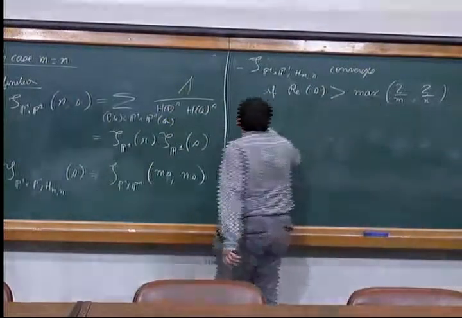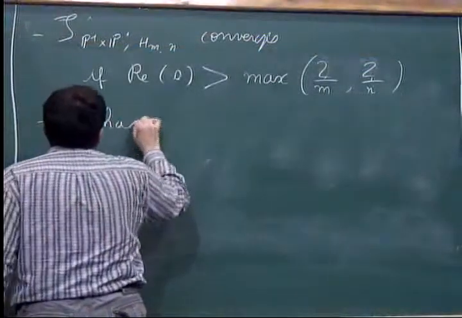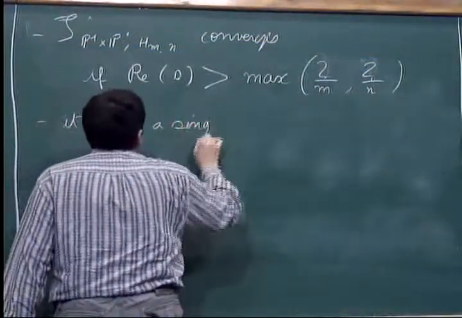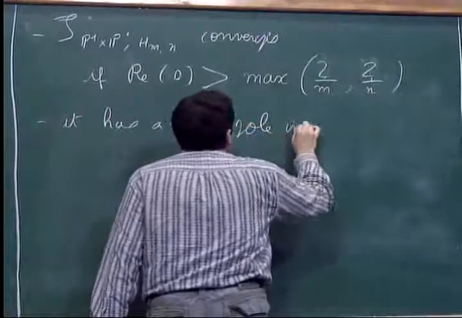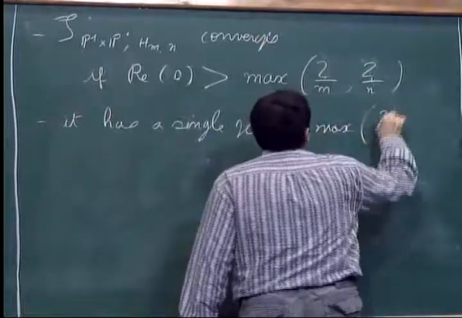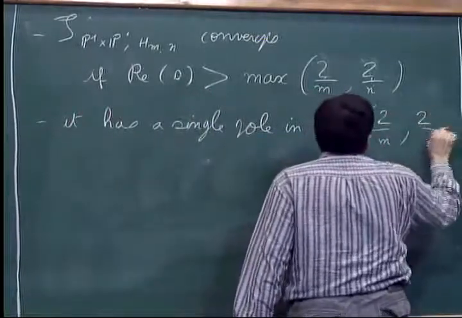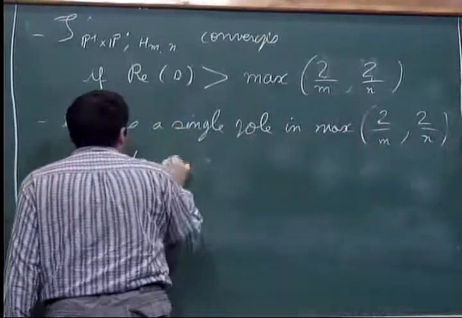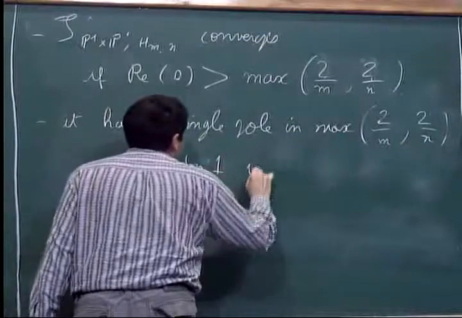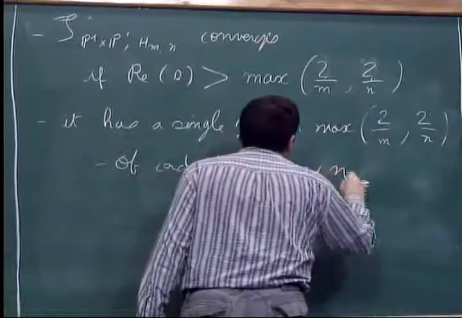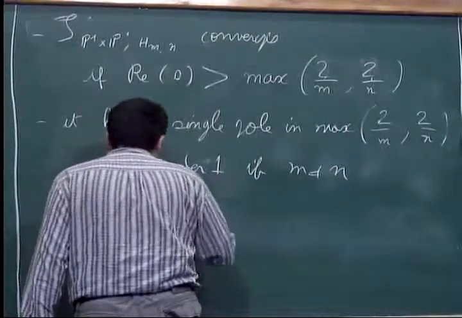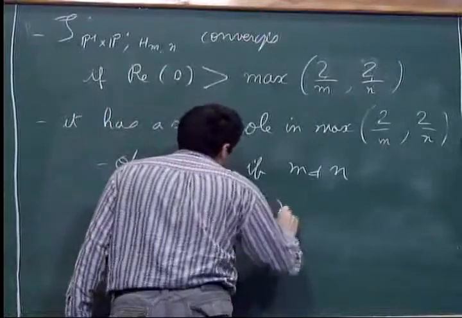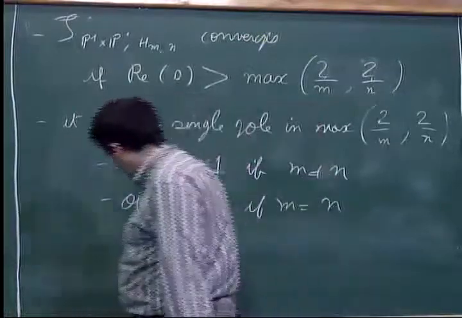Well, it has a pole in the max of 2 over m, 2 over n of order 1 if m is different from n, and of order 2 if m is equal to n.